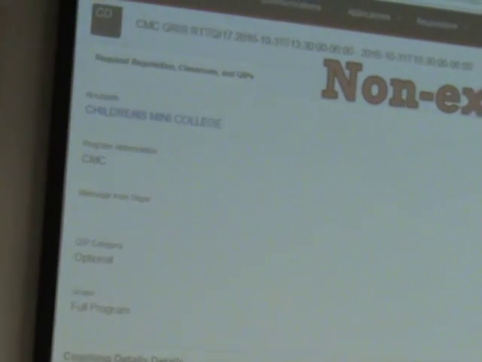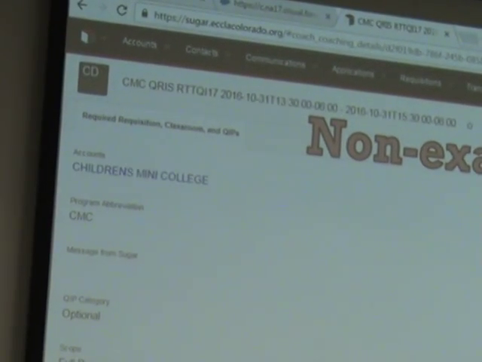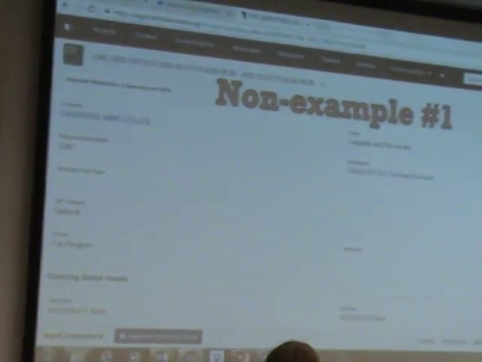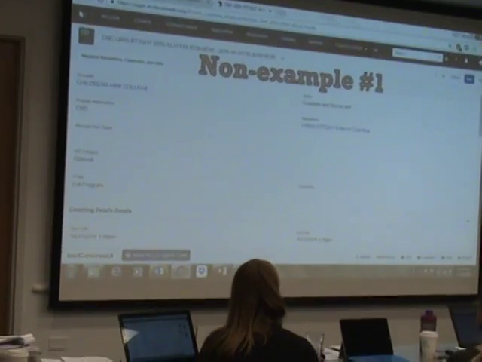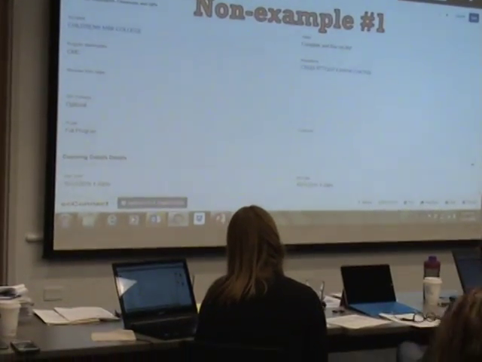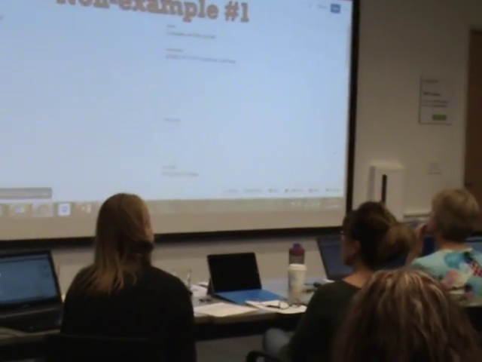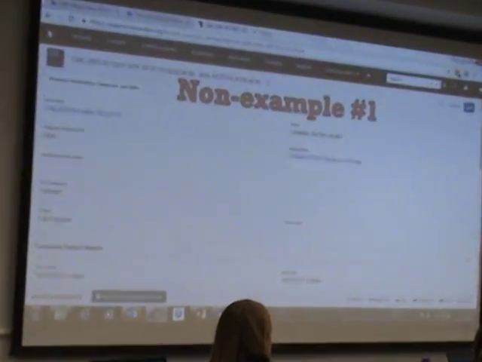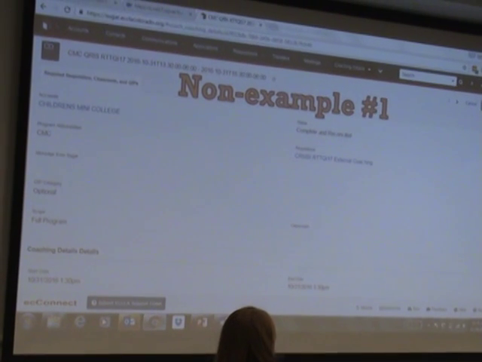The program abbreviation is CMC, and over here the requisition says CRMSI, and it literally is one down from CMC. So it was easy to click on the wrong one. Did anybody else have something else on that one, or did you all find that error pretty easily?